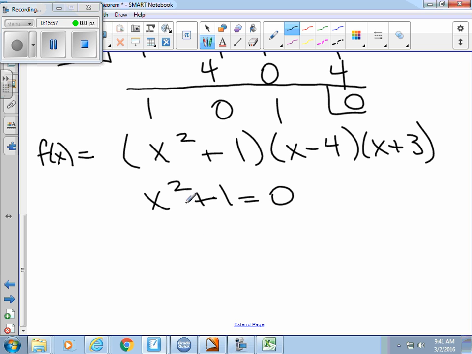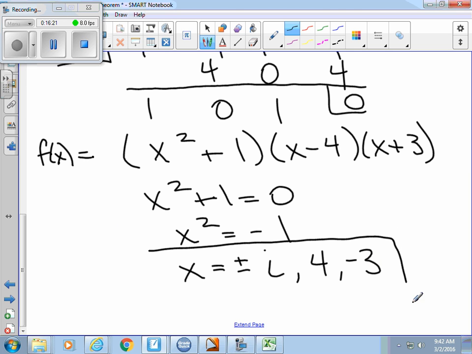Quadratic formula will work, but this one actually can be done without a quadratic formula. Do you agree? Square root both sides. What is the square root of negative 1? i. Do you see why we didn't see that on the graph, or why we couldn't do that from the graph? Because i's don't show up on graphs.